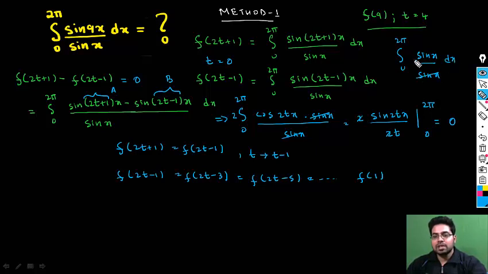So this will get cancelled. So finally I am getting the integral from 0 to 2 pi of dx. The integration of 1 is x, so x from 0 to 2 pi will give me 2 pi. So my answer is 2 pi. This was my method 1.